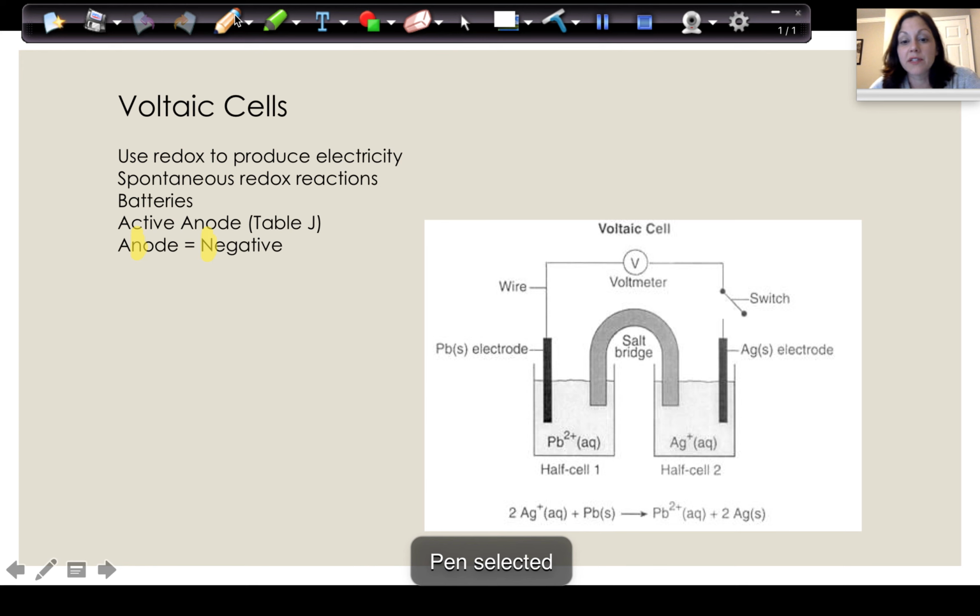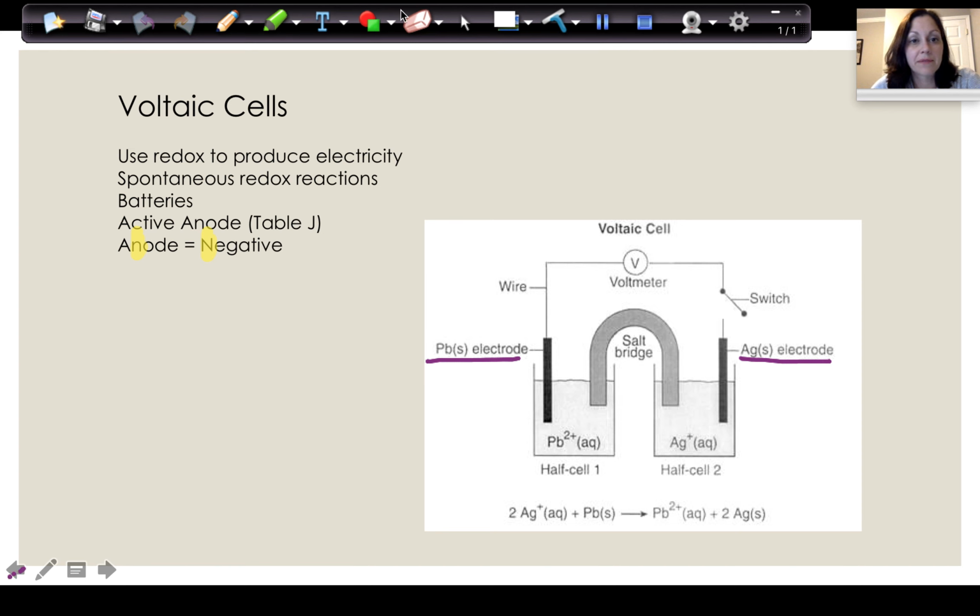For example, on this voltaic cell, we have a lead electrode and a silver electrode. If we just go back for a second, we can see that lead is here, silver is here.